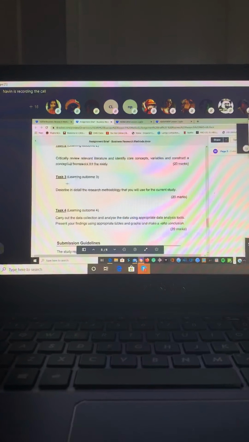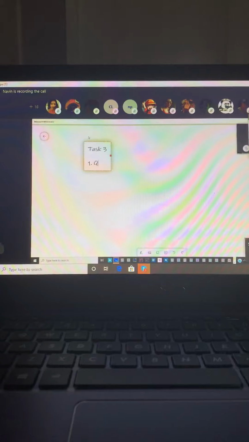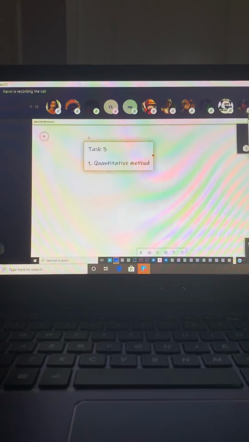First, you can write about the quantitative method. You still remember the quantitative method? Quantitative methods means you use numbers, because you're doing a questionnaire.